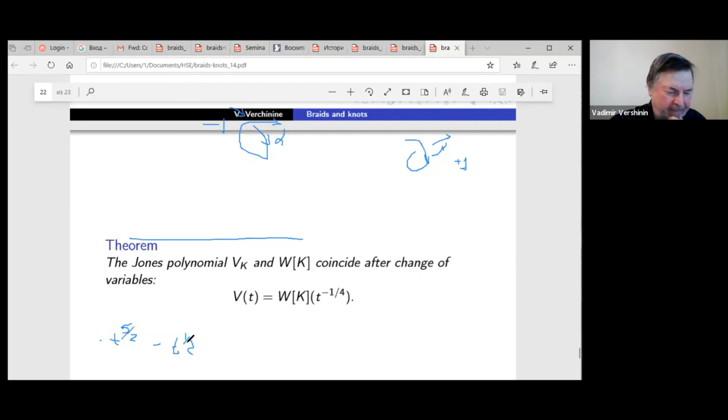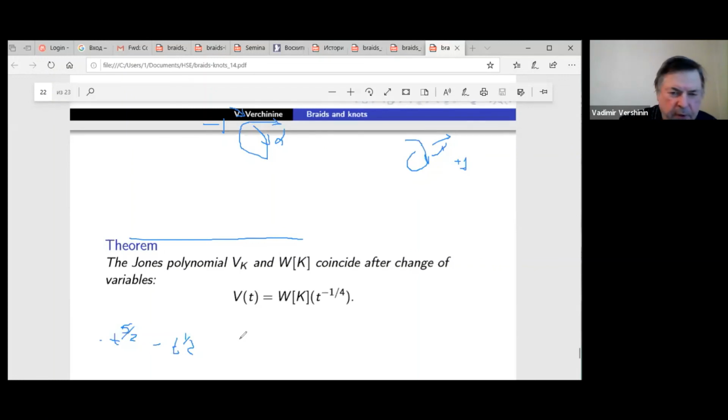For the trefoil, I am looking at my calculation. Okay, I see. First I see figure 8.